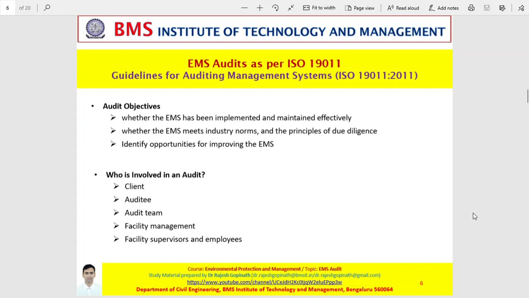That is, whether the EMS has been implemented and maintained efficiently and effectively, whether the EMS meets the industry norms and targets and has incorporated the principles of due diligence, and whether the EMS has been improved by identifying opportunities by carrying out SWOT analysis. So these are the 3 primary objectives that are part of your EMS audits.